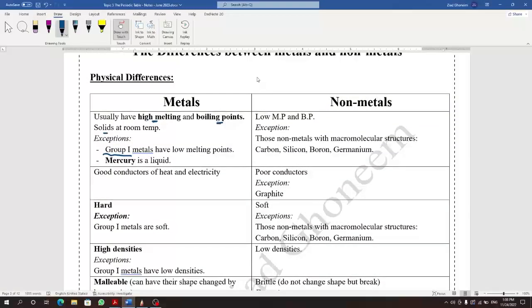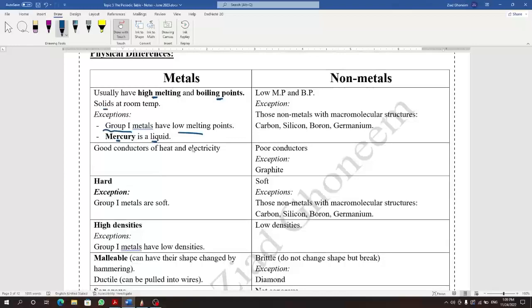They're not usual metals. That's because of these exceptions. In general, metals have high melting and boiling points and they are solids at room temperature. But group 1 metals have low melting and boiling points. And another exception is that mercury is a liquid at room temperature. Mercury is the only liquid metal at room temperature.